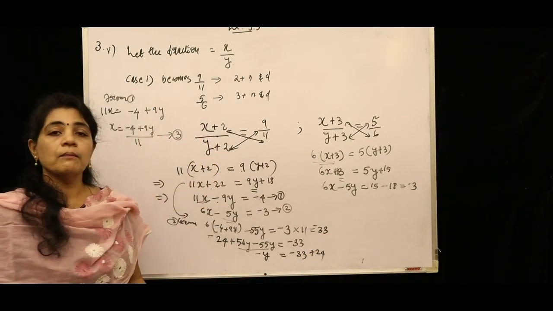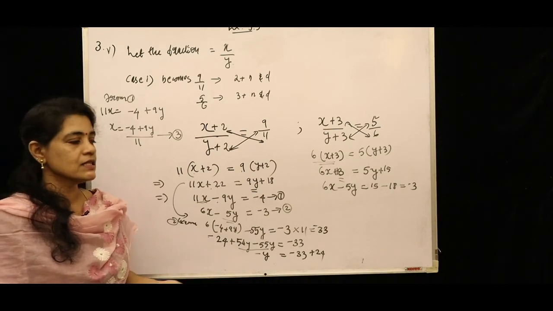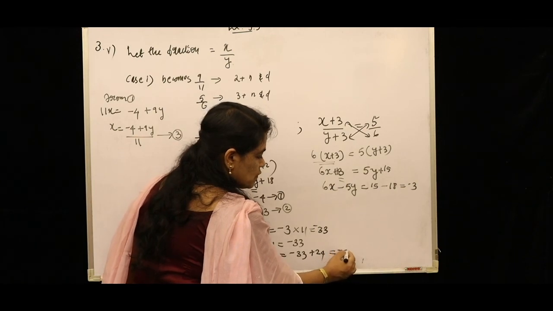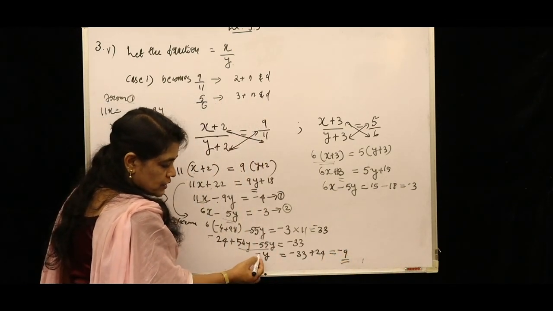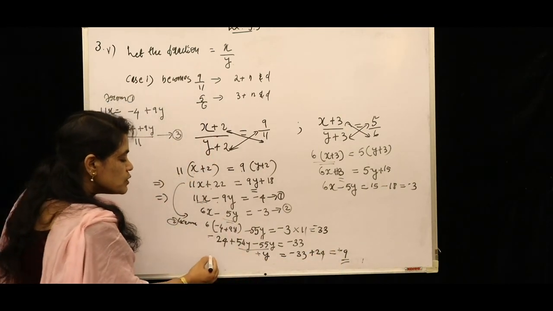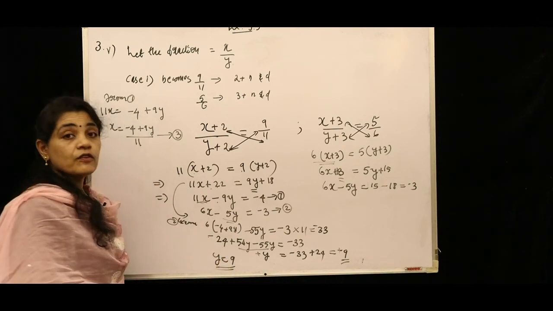So 33 minus 24, minus 33 plus 24 means subtract and give the sign of the 33. That is 9, negative 9. This is the value of y? Not yet the value of y. We have yet to do one more step. Minus y equals minus 9, the minus signs get cancelled. So y is equal to 9. The minus can be cancelled from both sides.